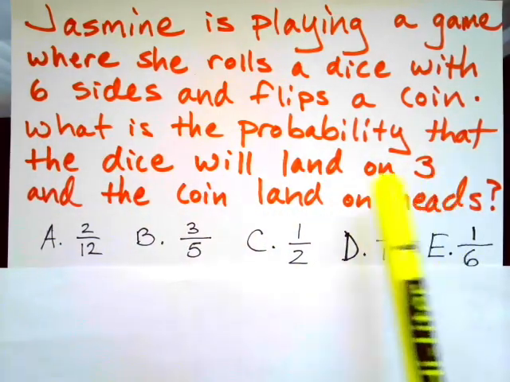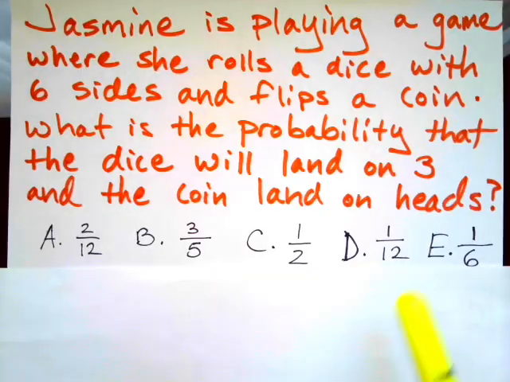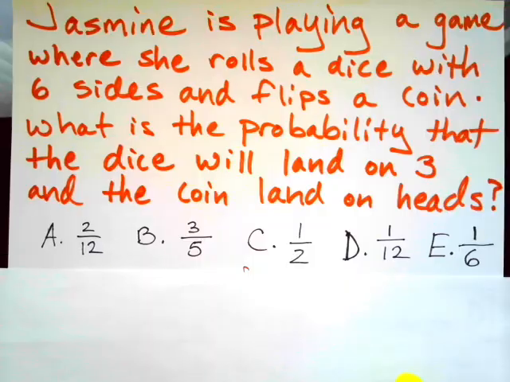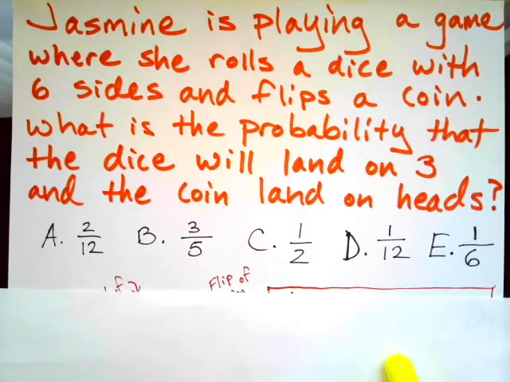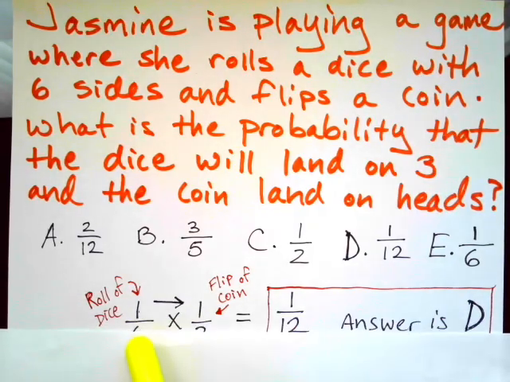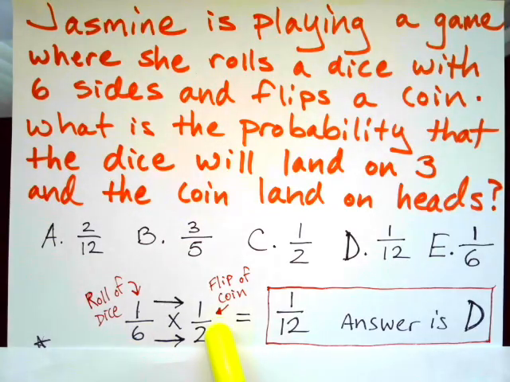So 1/6 would represent your dice. 1/2 would represent your coin landing on heads, excuse me. So 1/6 times 1/2. When you multiply fractions, and if you're not familiar with multiplying, dividing fractions, please take a look at my fractions video where I go over adding, subtracting, multiplying, and dividing fractions. But when you multiply top to top and bottom to bottom.